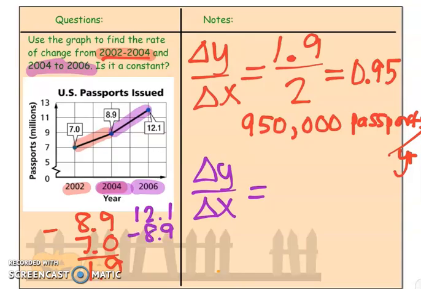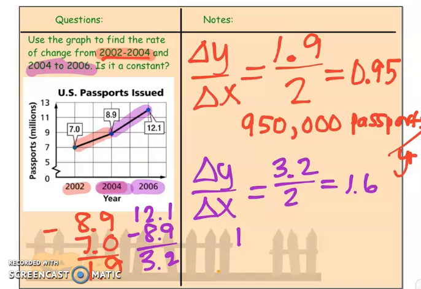So if I subtract this one, I get 3.2. And it's still a 2-year interval. So this one is 1.6 million, so that means 1.6 million. So that's 1,000 million. And again, it's passports per year.